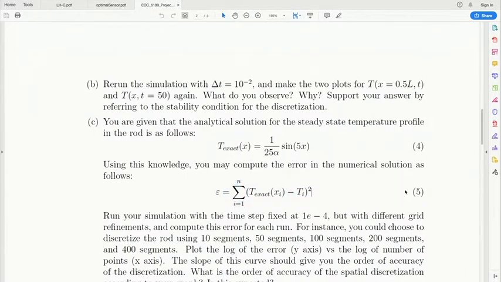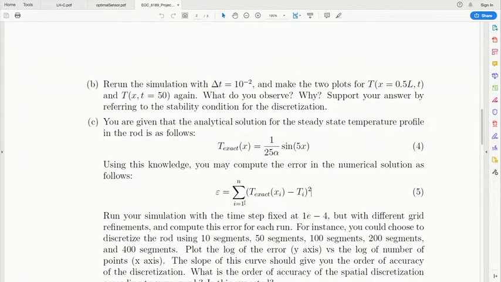In equation 5, where you're doing that calculation, is n the total number of nodes across the bar? Yes, you're basically computing the error at each node and summing it up all over the rod, over every grid point.